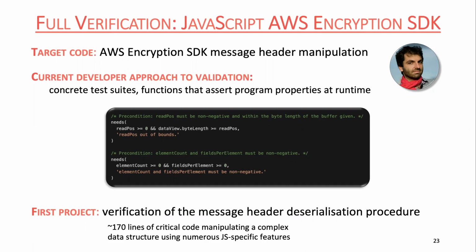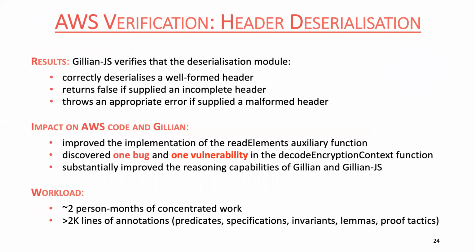This was the easiest one we could find and didn't involve things that we couldn't do, such as higher order reasoning. And it's 170 lines of code. We can specify it. I'll let you read that for yourself. It has impact on AWS code and on GILLIAN.